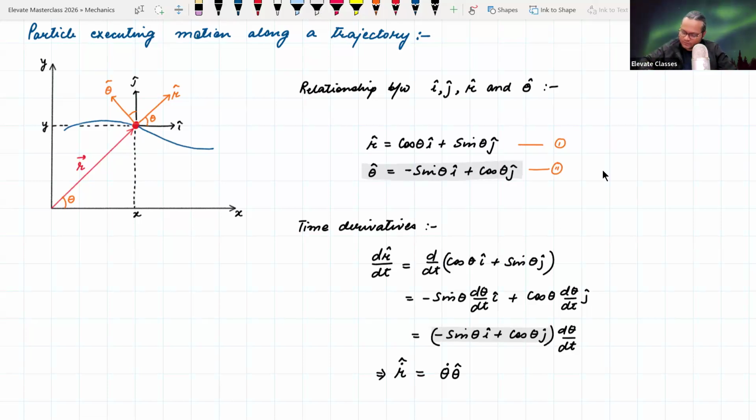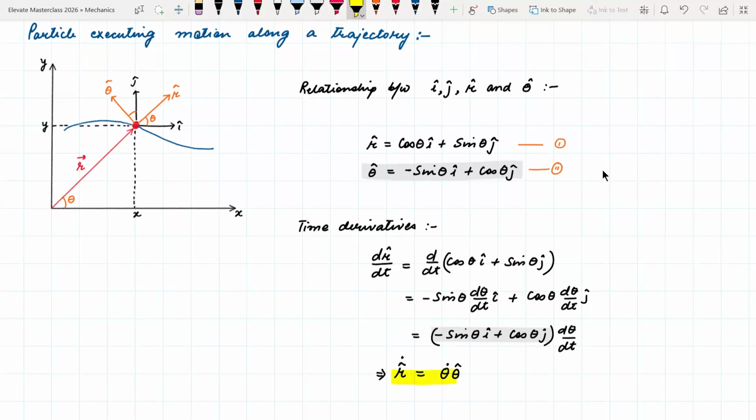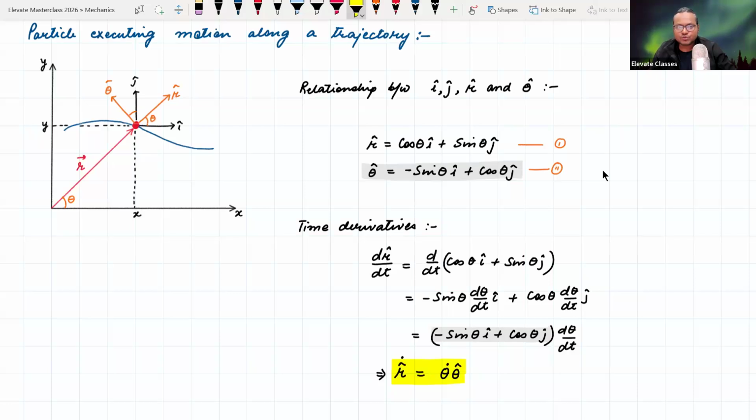Are you understanding this equation? Yes or no? Yes, sir. It's a simple mathematical equation that gives us a relationship between the time derivative of the r cap and theta cap directions with respect to x and y directions as the particle is moving forward in time. The reason we have a relationship like this is because the radial and transverse directions do not remain constant.